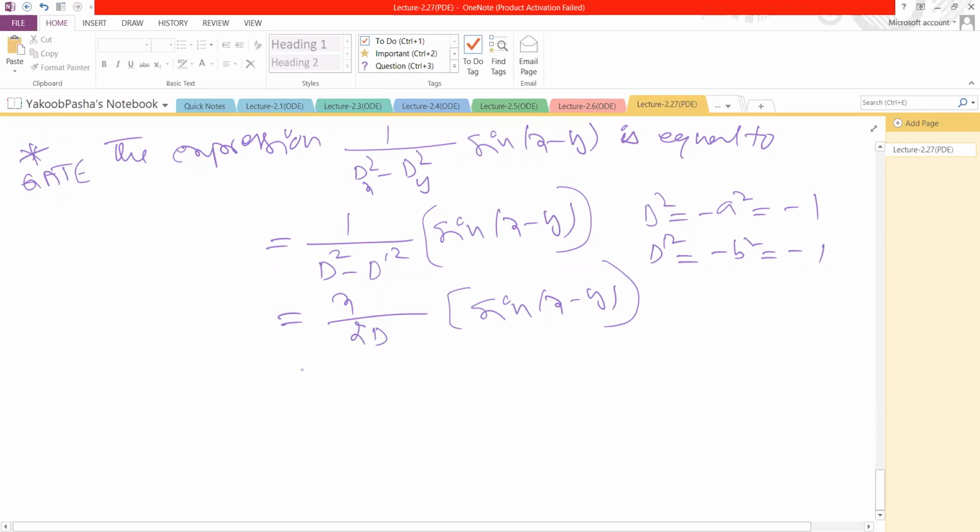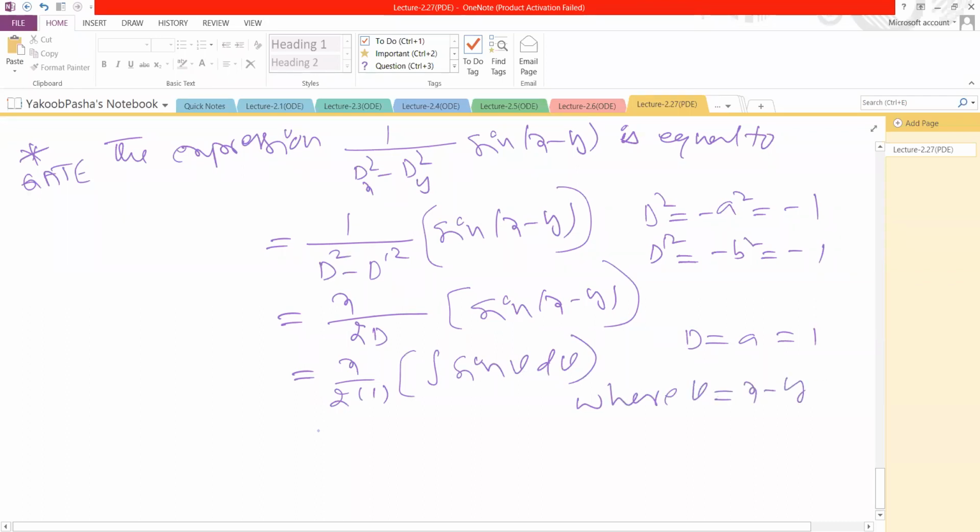So we can write this as x into x by 2 into, now write D is equal to a, so D is equal to a means 1, 2 into 1 into integration of sin v into dv, where v is equal to x minus y. So this is equal to x by 2 into sin v integration, which is minus cos v, this is equal to minus x by 2 cos of x minus y. This is the expression equal to.